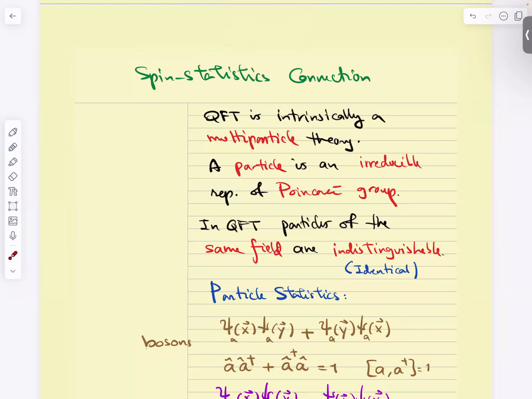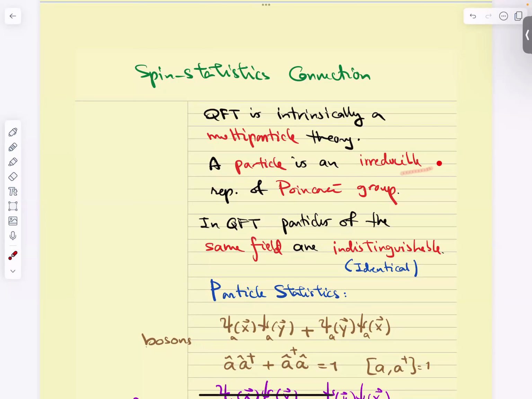It's part of the description of the theory. The theory will have to decide for you what happens if you have two particles. Is the wave function symmetrized or not? This is the distinction with quantum mechanics. Quantum mechanics was a single particle theory, so it was not required to make a statement about that. But for QFT, the consistency of it requires making a statement about that.